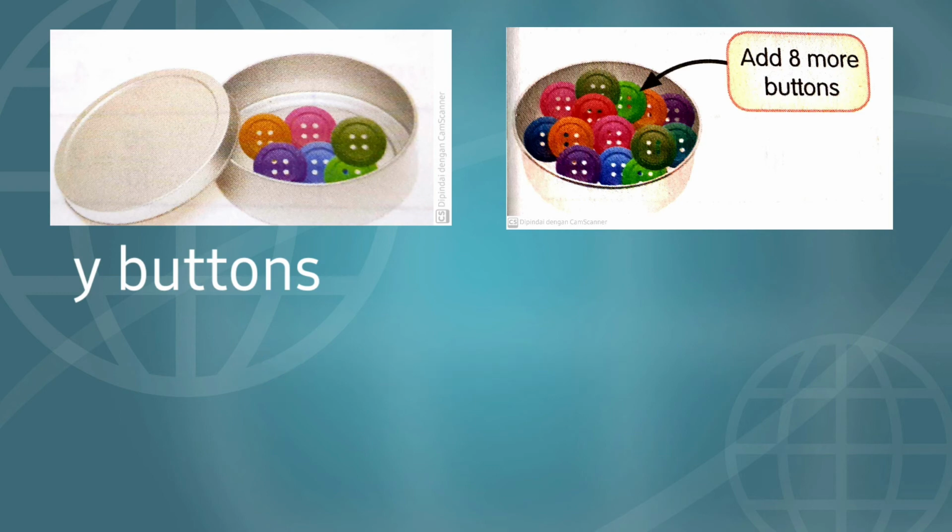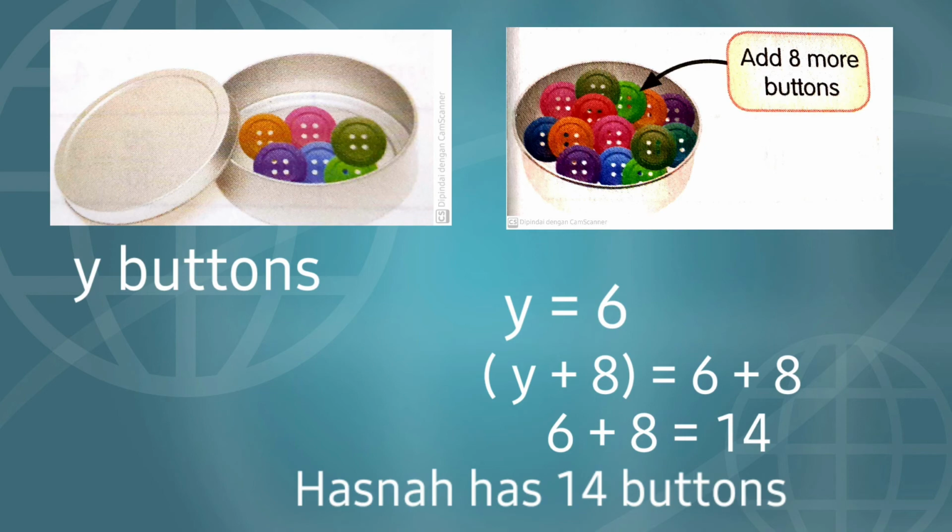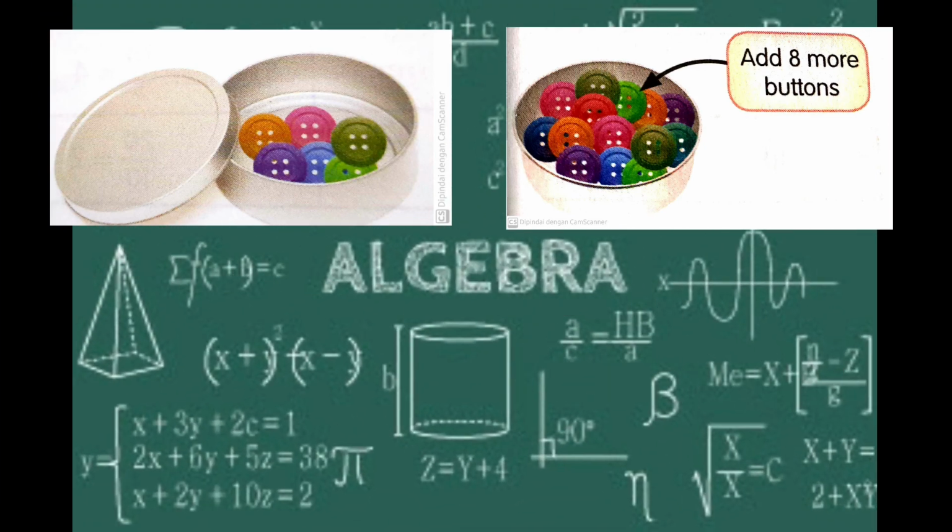So we have to change Y equals 6. So 6 plus 8 is 14. The answer is 14. Hasna has 14 buttons in all.